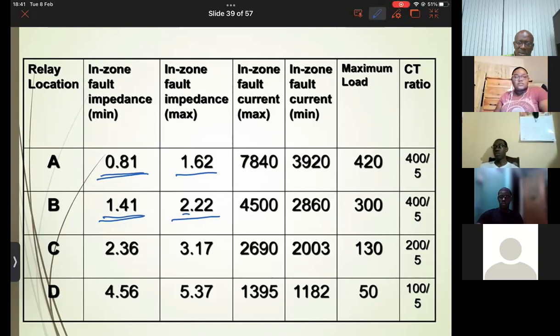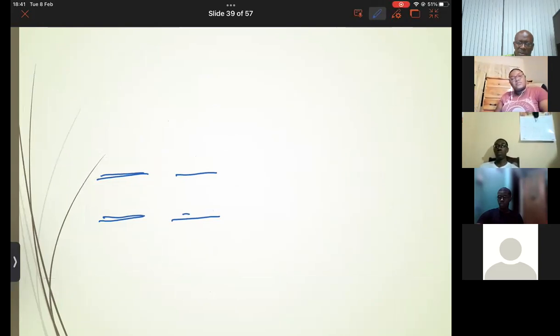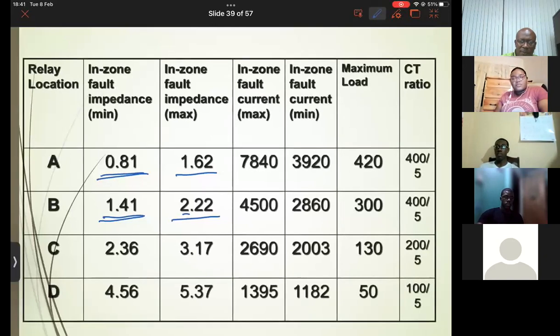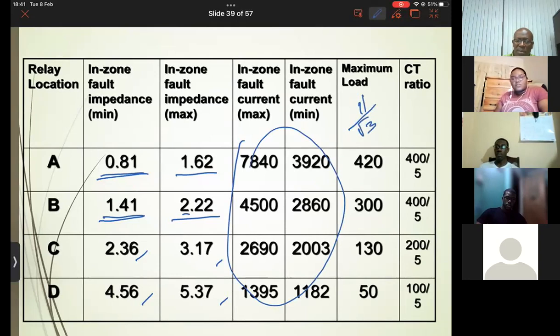And we continue. We add the 0.95 in order to get to C, and then we add the 2.2 in order to get to D. This is the minimum in zone and maximum in zone. So we have those reactances. And in order to get these currents, we're just going to be dividing the 11 over root 3 by each.